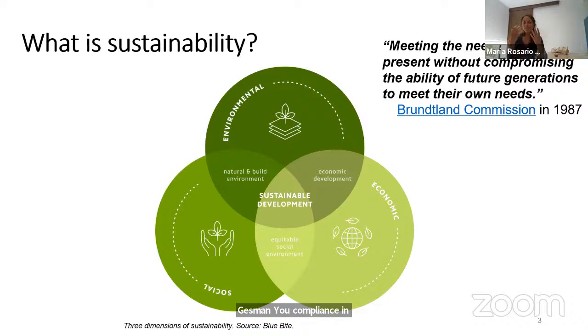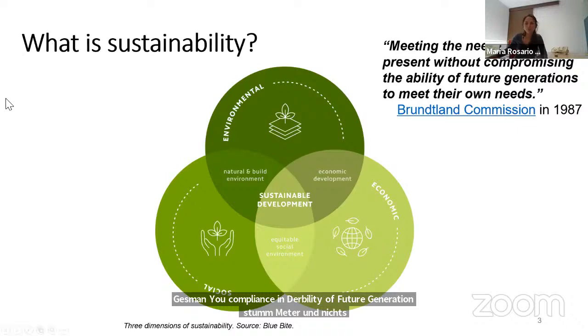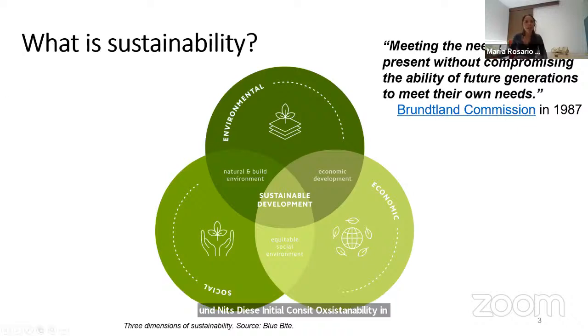This initial concept of sustainability encompasses three main aspects. One is the economic aspect, meaning that it has to allow durable economic development, but this has to be sustainable also from the social perspective, meaning that the welfare derived from these activities should be equitably distributed.